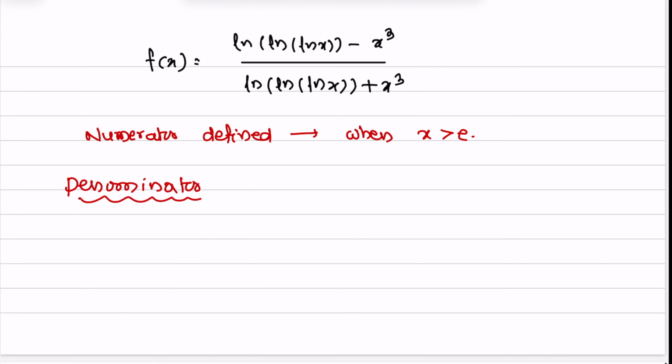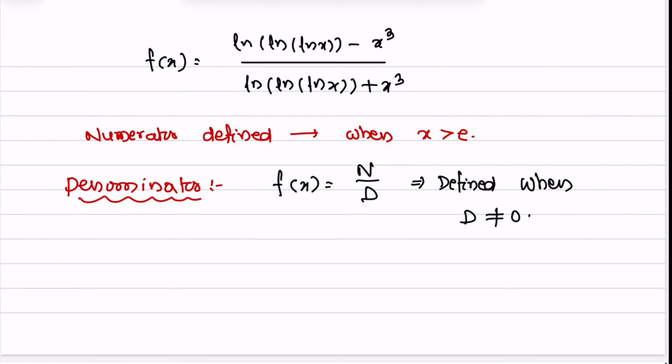We have to check for the denominator. For a function f(x) equal to numerator by denominator to be defined, the denominator must not be equal to 0. ln x is defined, x cube is defined.